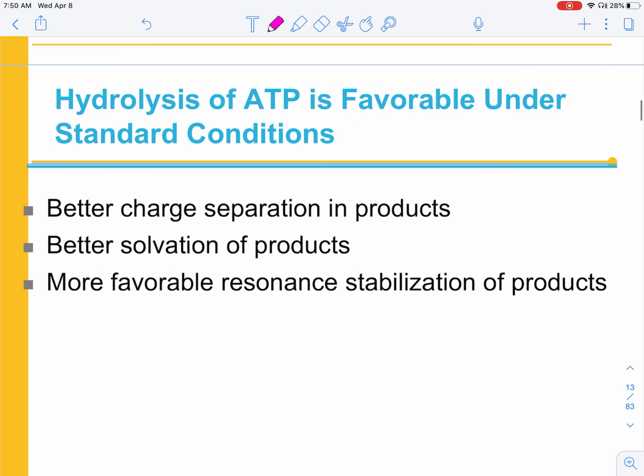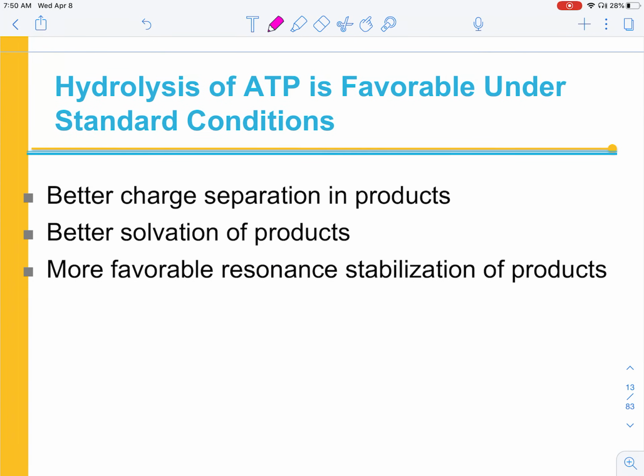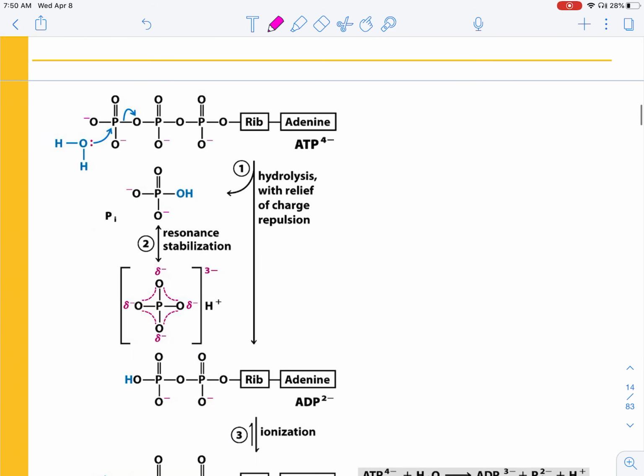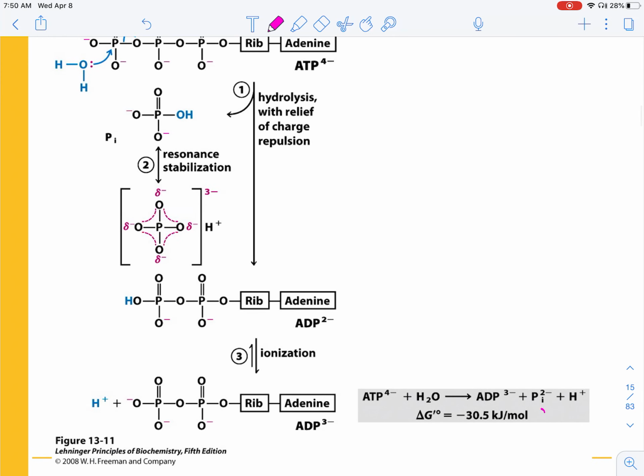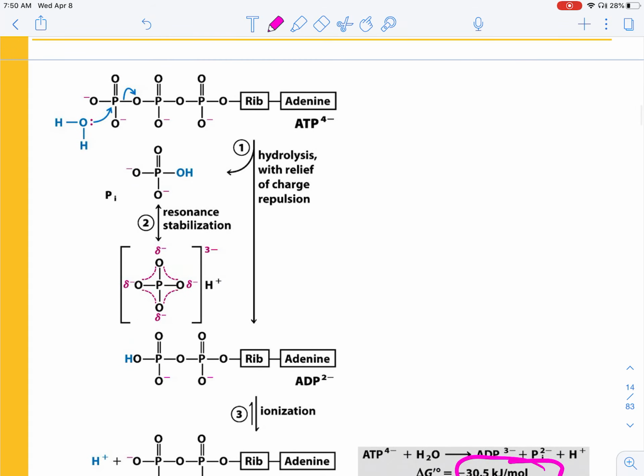And I like this kind of concept a lot. And so you do get the charge separation in the products, but you also get some additional kind of bang for your buck in the hydrolysis of ATP. And all this contributes to the amount of energy that is released from that hydrolysis. So here you have the hydrolysis of this phosphate bond over here.